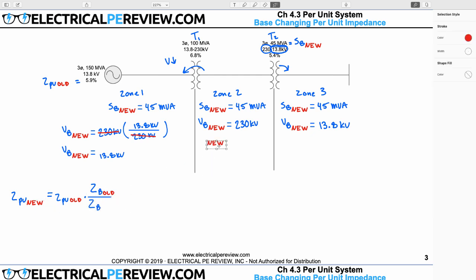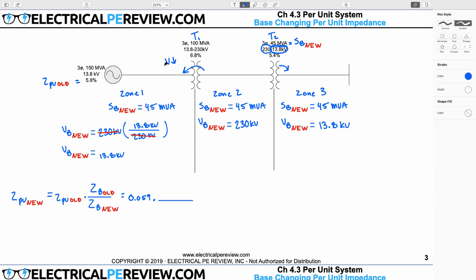So all this is our classic base change formula before we start putting in those fractions. So let's expand on this a bit. We've got our old per unit impedance. That's going to be 5.9%, or expressed as a decimal, we can just say 0.059, right? That's Z per unit old, the per unit impedance of that generator. Now let's multiply this by our old base.